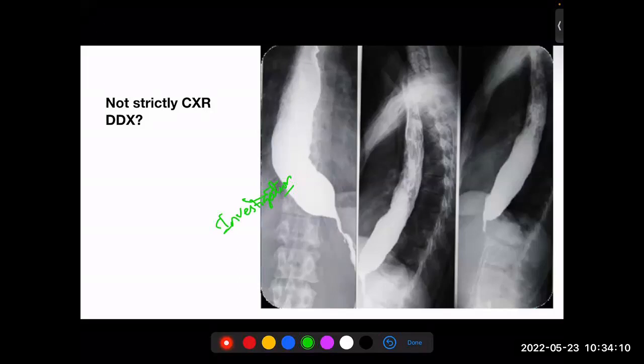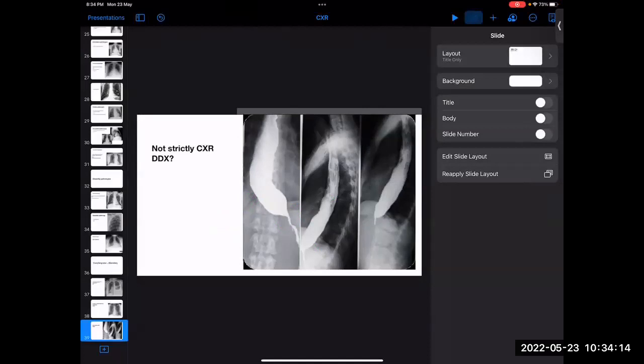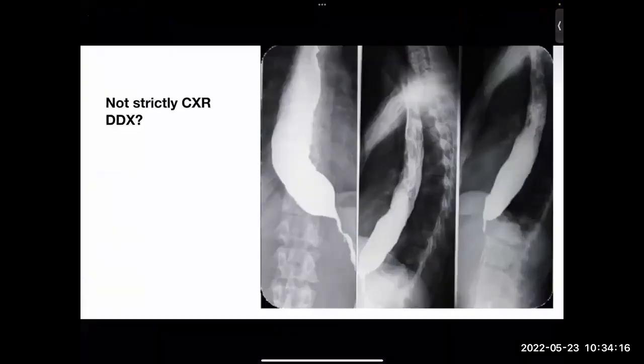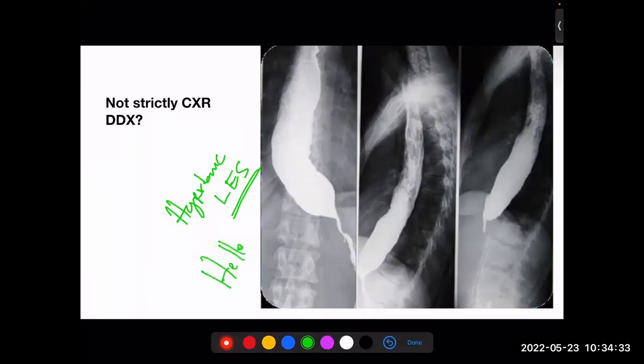What is the pathophysiology of achalasia cardia? Hypertonic lower esophageal sphincter. Treatment? Heller's myotomy.